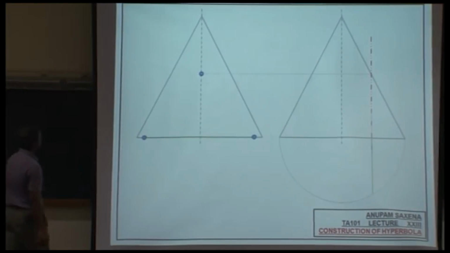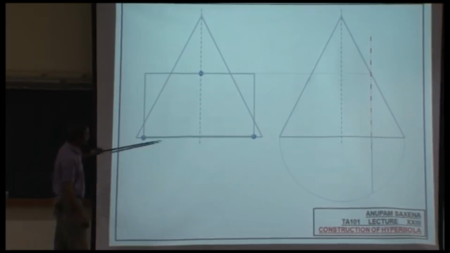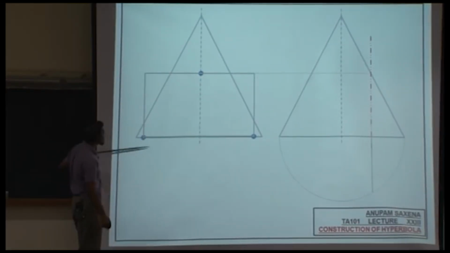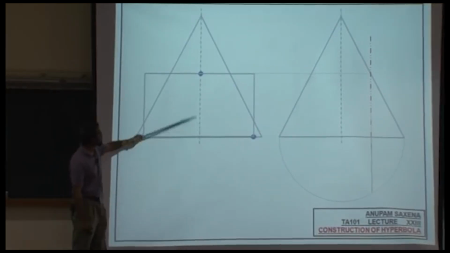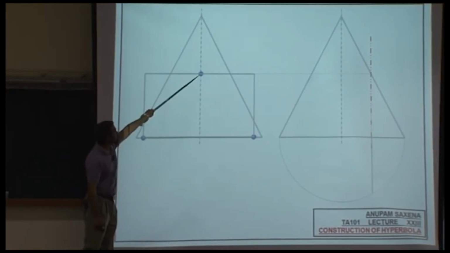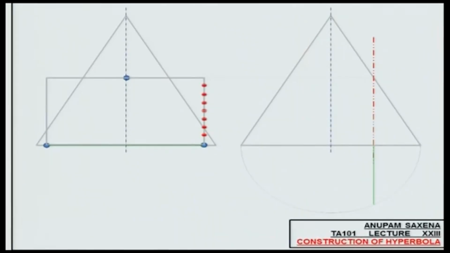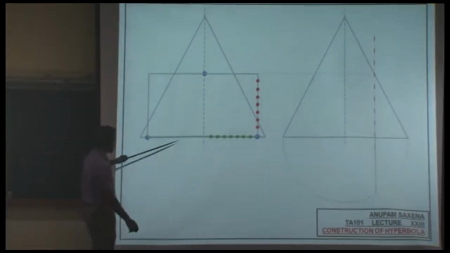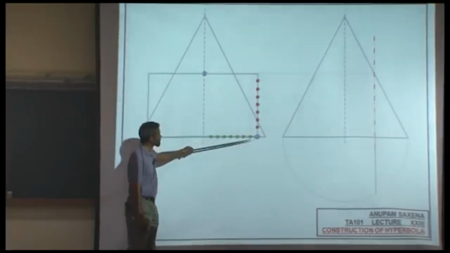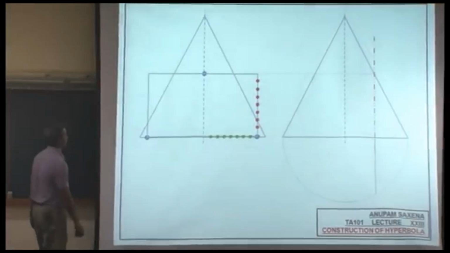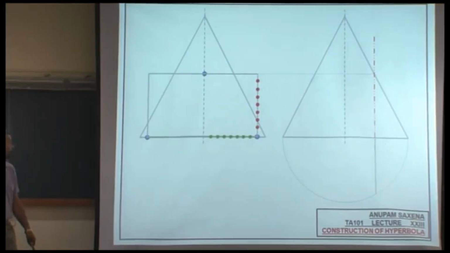Construct first a rectangle. The length of the rectangle is the distance between these 2 points. The width of the rectangle is essentially the height that this point lies above the base of the cone. The right vertical edge, divide that edge into an equal number of parts. The bottom right edge of the rectangle, divide that also into the same number of equal length segments. Now, this is what is important.